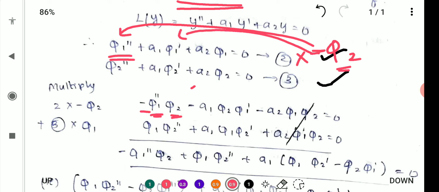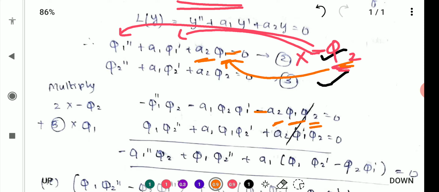Then multiplying minus phi2 with this term, I get minus a1 into phi1 dash into phi2. After that, multiplying this term, minus a2 into phi1 into phi2 equal to 0.